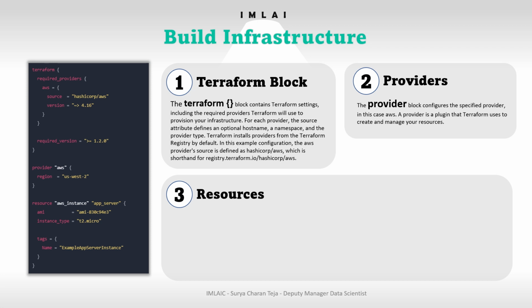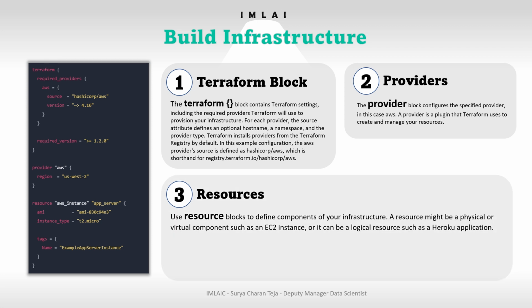So the third component is resources. Use resource blocks to define components of your infrastructure. A resource might be a physical or virtual component such as an EC2 instance, or it can be a logical resource such as a Heroku application.